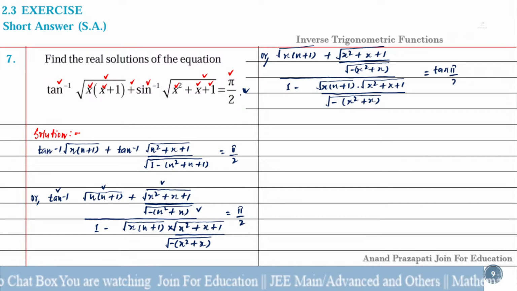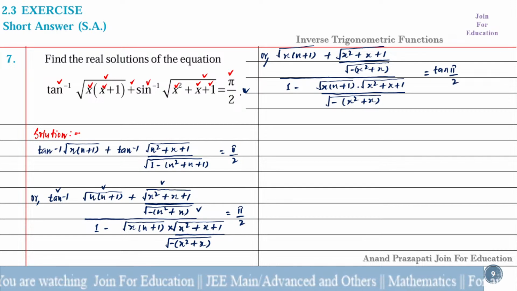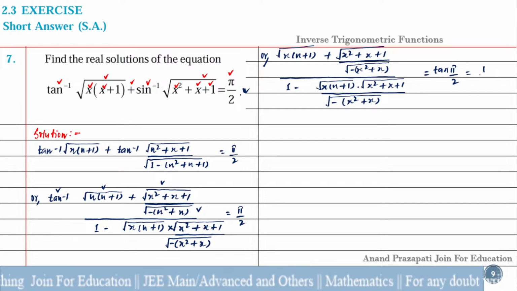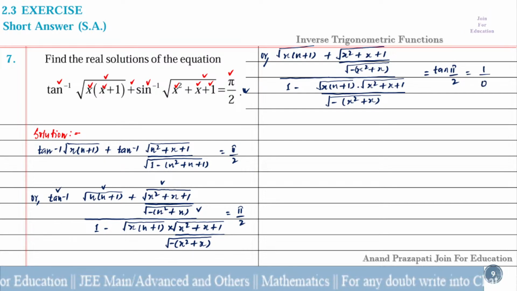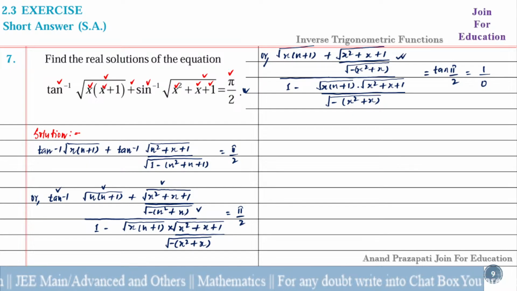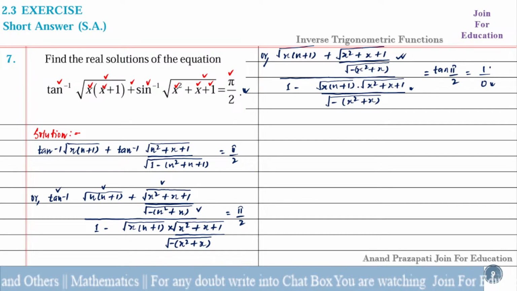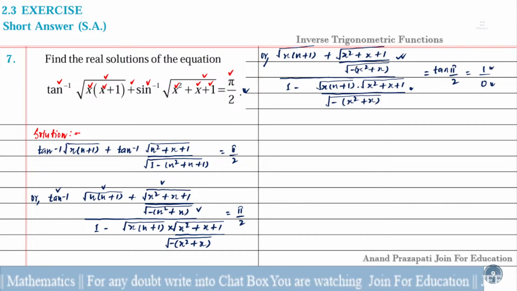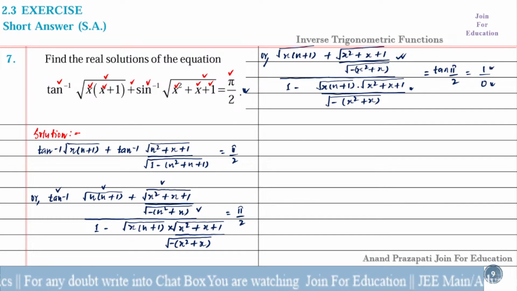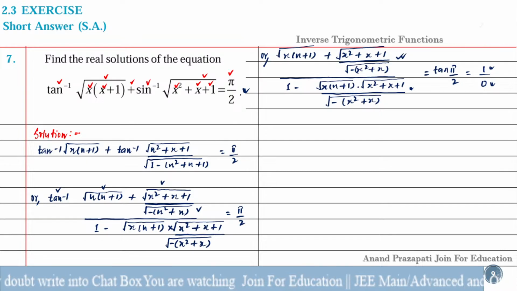And we know that 10 pi by 2 equal to infinity and equal to 1 by 0. So this one multiplied by 0 and this one multiplied by 1. So this term will be 0 and this term when we multiplied 1 then we get this one.